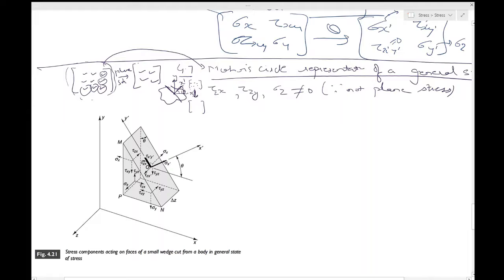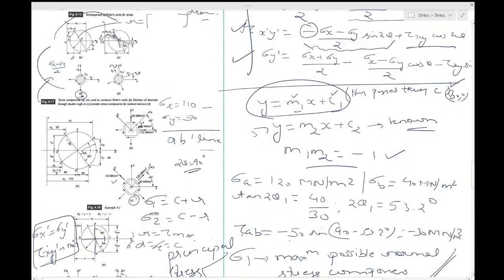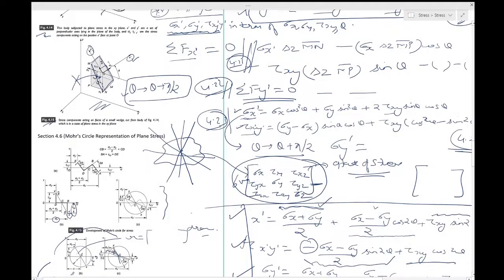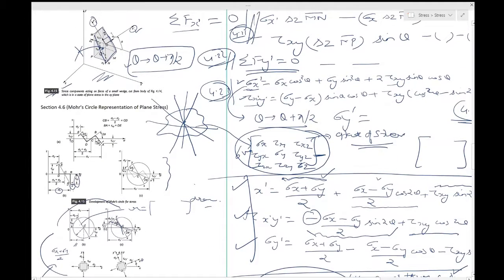So if we cut out a small wedge similar to figure 4.15, let's see what 4.15 was. Okay, a small wedge like this. We will cut out a small wedge like this, and the only difference over here will be that you do not have z components.